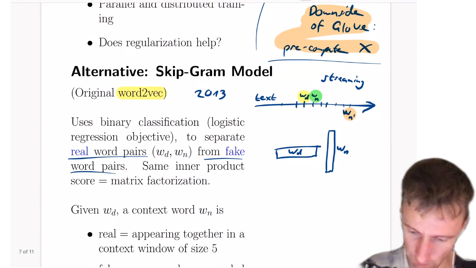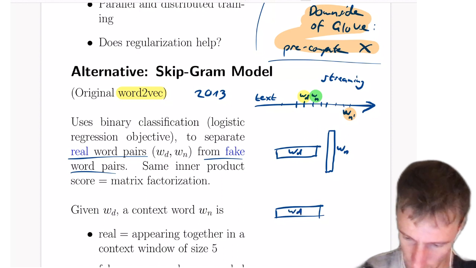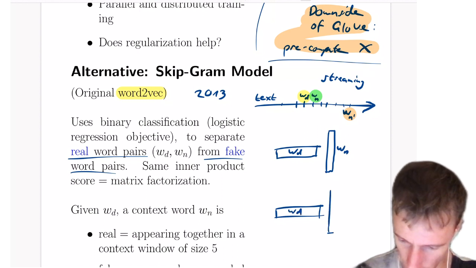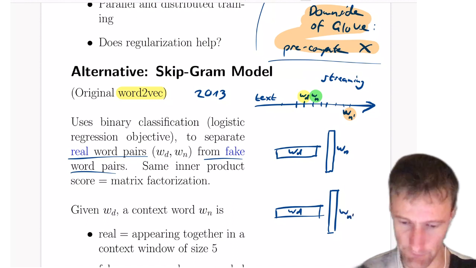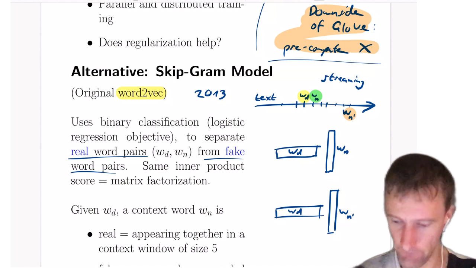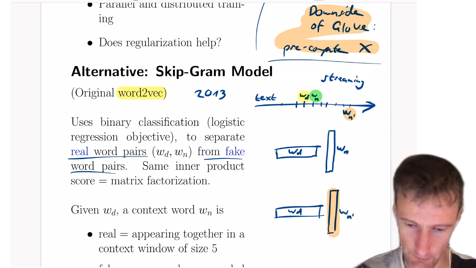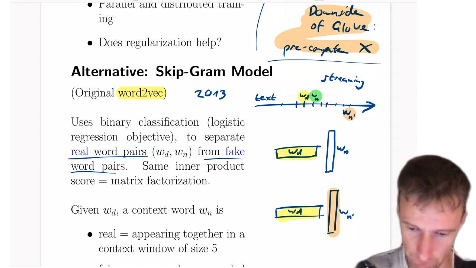And then I want to do the same thing with a fake word. So that's the one which has not appeared nearby, but it's further away. That's N prime. And I want this guy to say no, and I want the real guy to say yes.